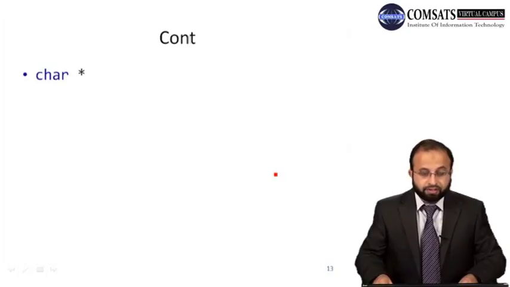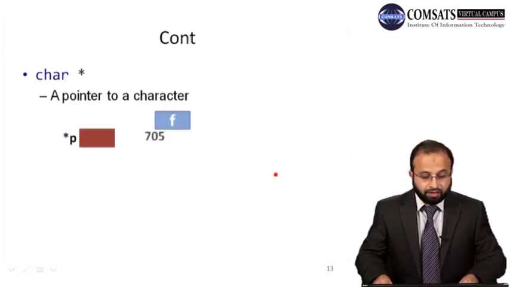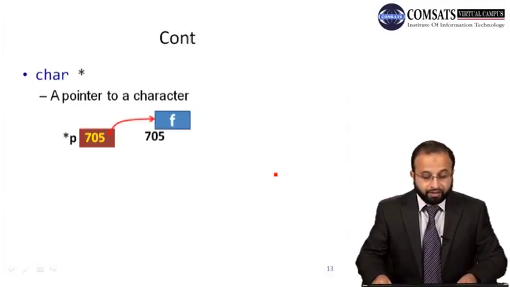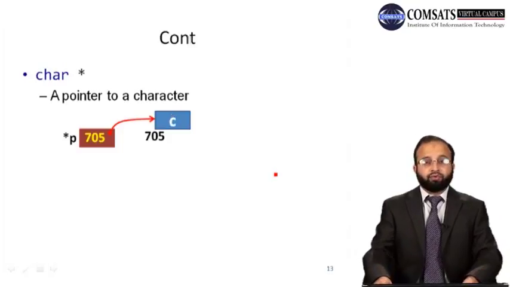So what is this? This is a pointer to a character. You have a pointer that contains the address of the memory where you have a character, so this pointer points to this character. Now you can change the value of that character from f to c, and you can also change the value of that pointer.